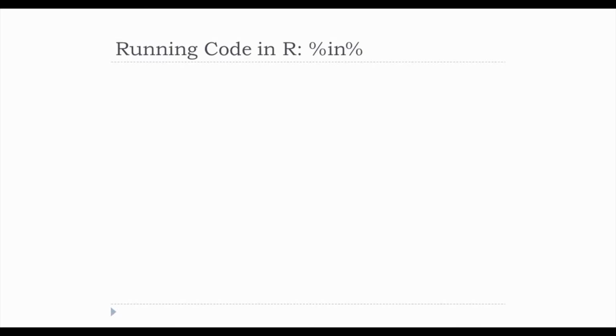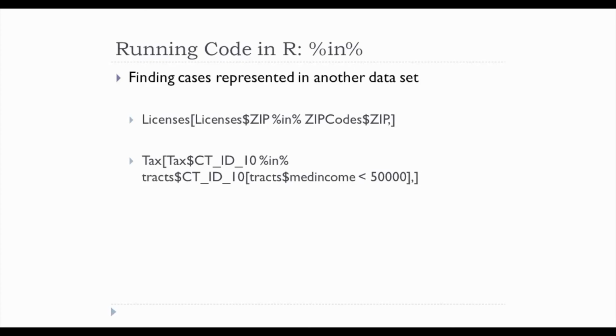This is best facilitated by the %in% command, which is written with percentage signs on each side of it. In is a logical operator that enables you to isolate elements that exist in another data frame or in another vector. Look at the two examples here.